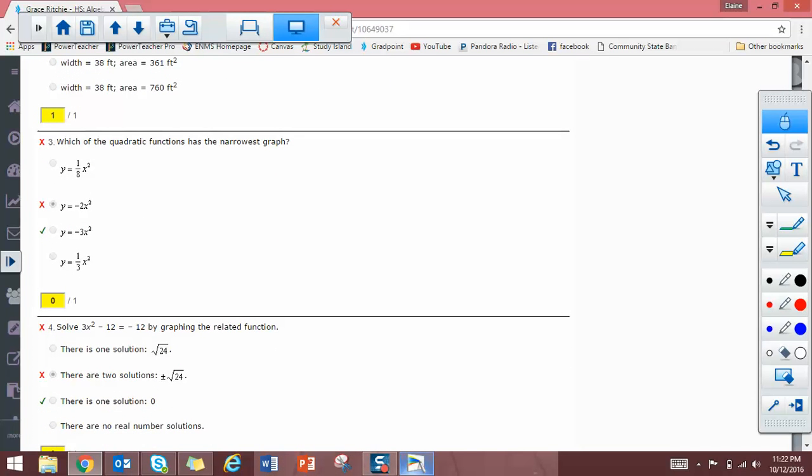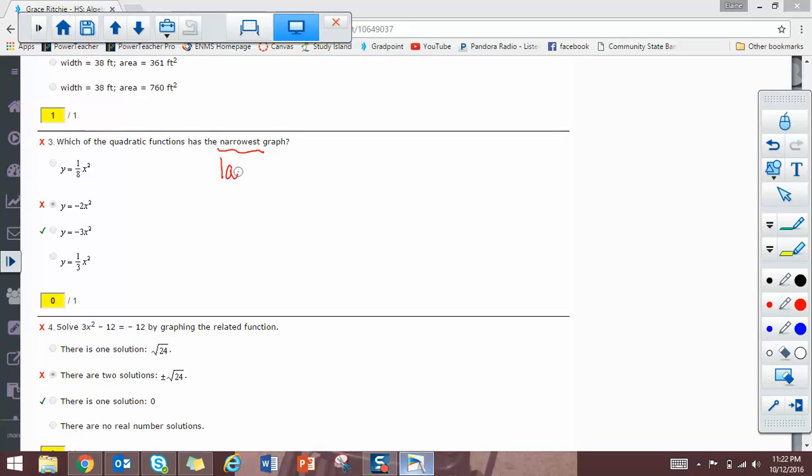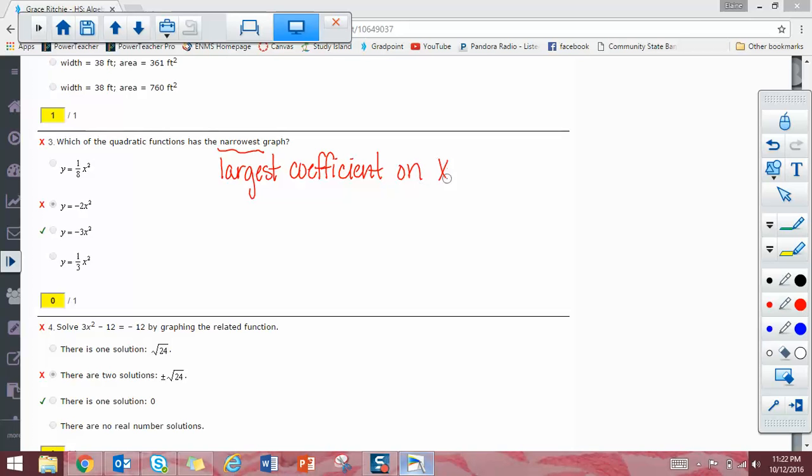Number 3 is asking which of the quadratics has the narrowest graph. So the narrowest graph is going to come from the largest coefficient on the x squared term. So you can compare 1/8 to 2 to 3 to 1/3 and see that this 3 is the largest digit.